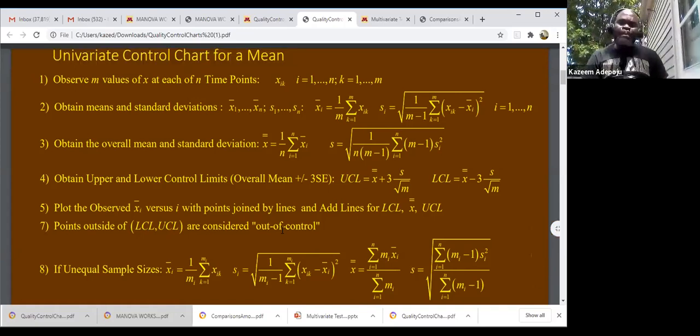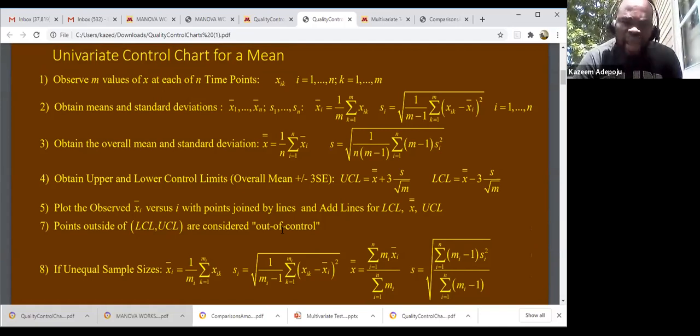Any point that is outside the lower control limit and the upper control limit is considered to be out of control. If you find yourself in a company where they are into quality, where they measure quality, this is what you're going to do for them if you really want to assess the situation for quality.